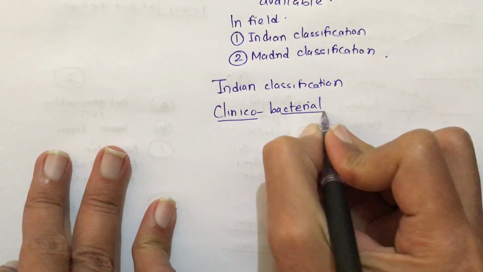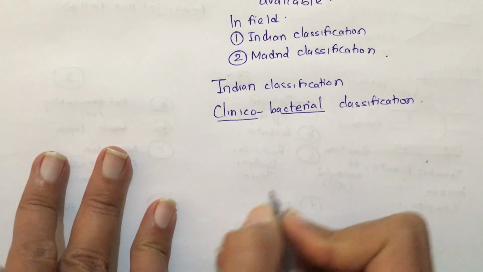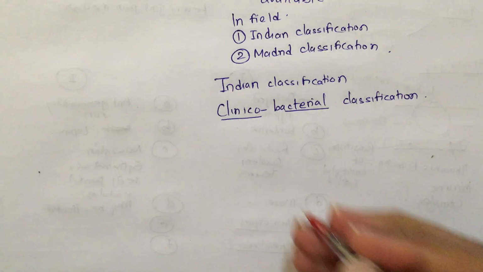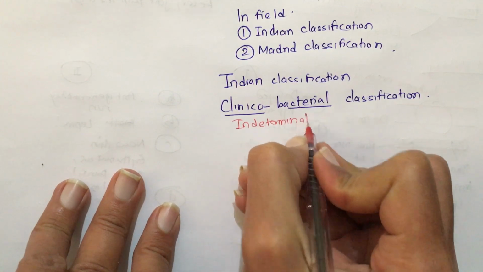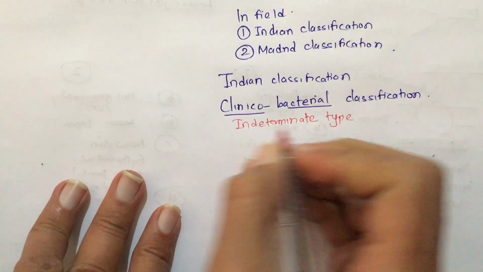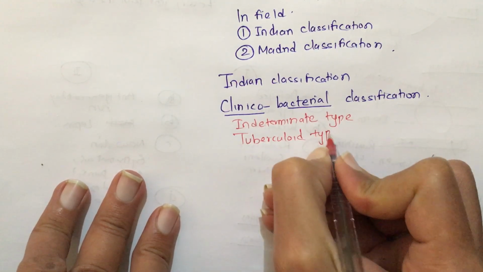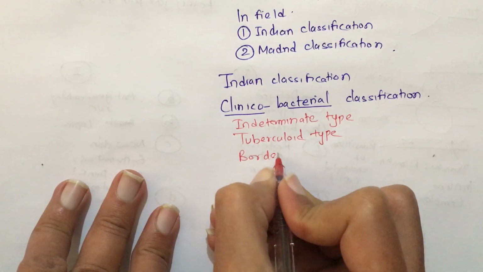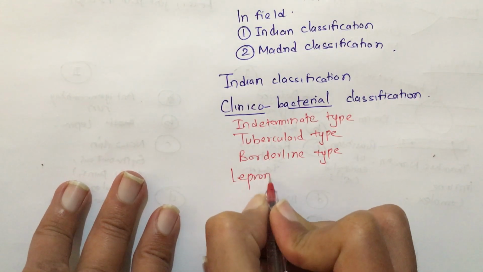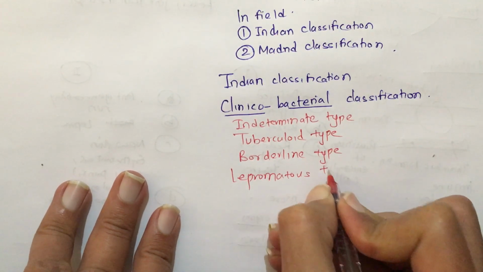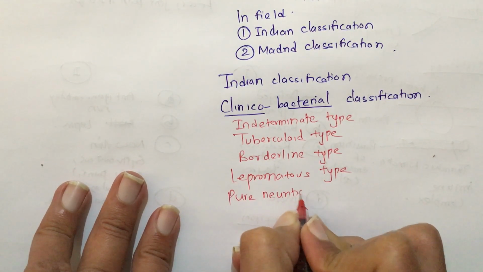According to the Indian classification, leprosy is divided into the indeterminate type, tubercular type, borderline type, lepromatous type, and pure neuritic type.